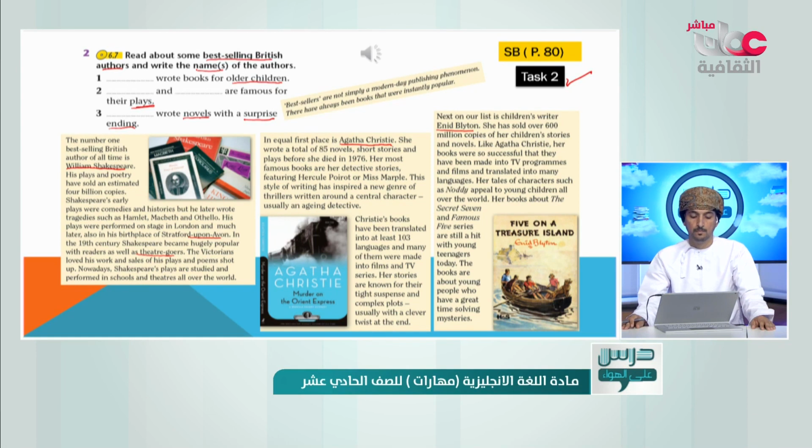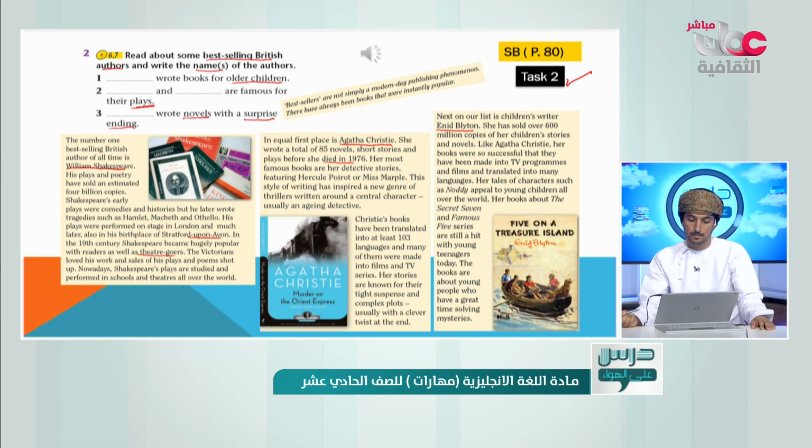In equal first place is Agatha Christie. She wrote a total of 85 novels, short stories and plays before she died in 1976. Her most famous books are her detective stories, featuring Hercule Poirot or Miss Marple.